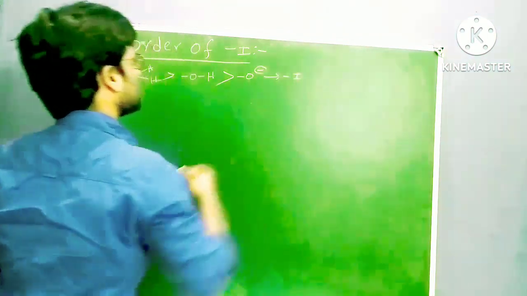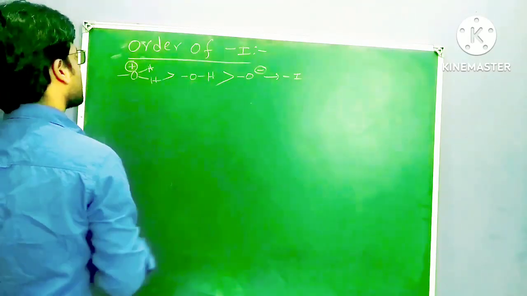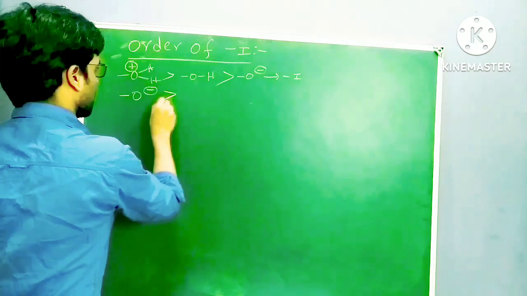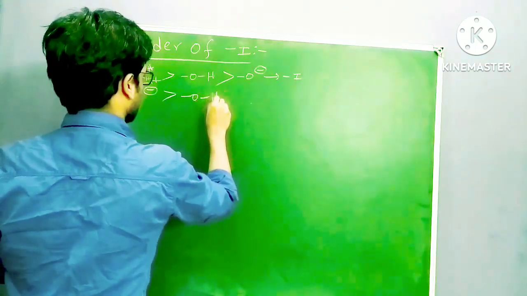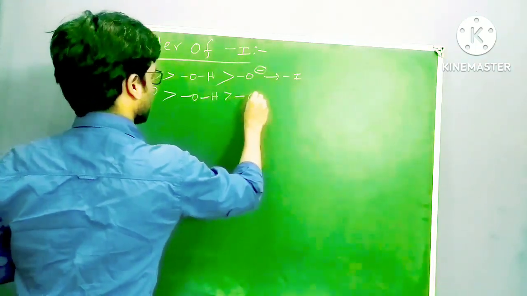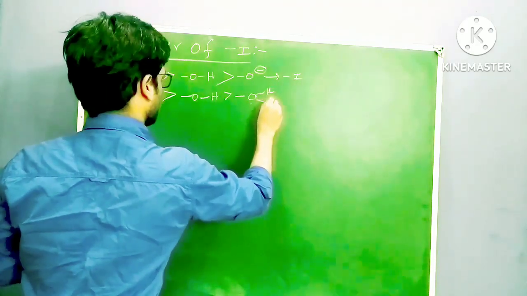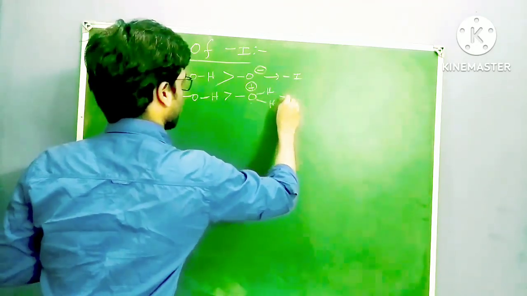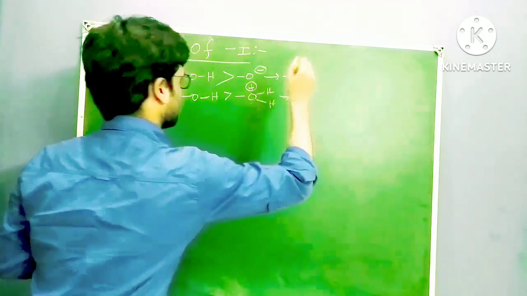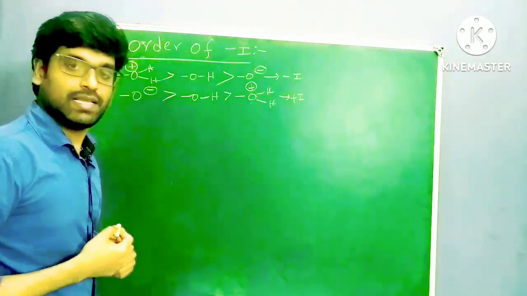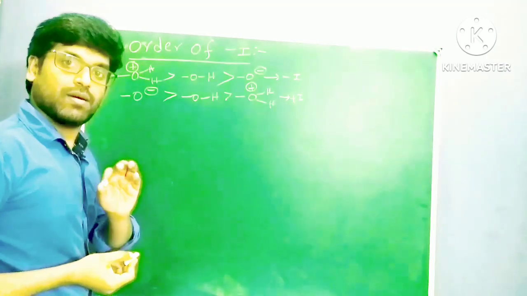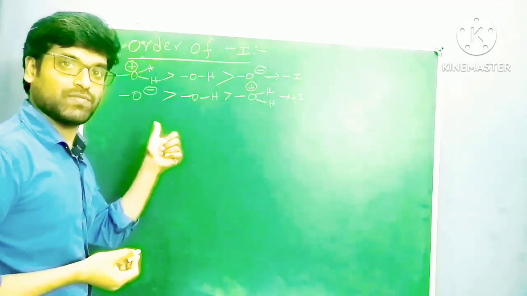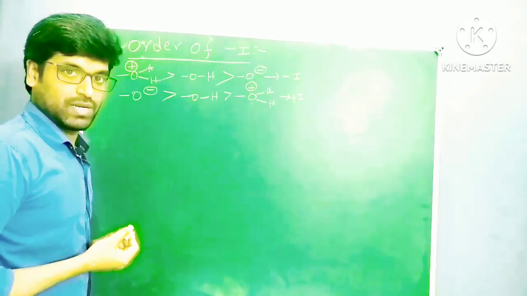If I ask you to write the plus I trend, just reverse: O minus, OH and OH2 positive. This is plus I. Clear? So this is Pradhan Mantri pockets filled with positive charge, that means atoms with positive charge. This is the first one.